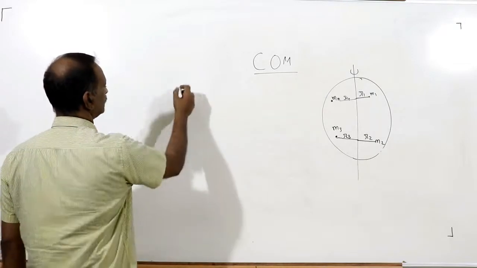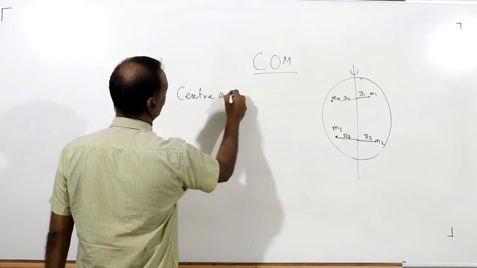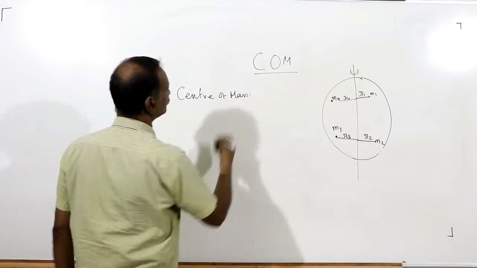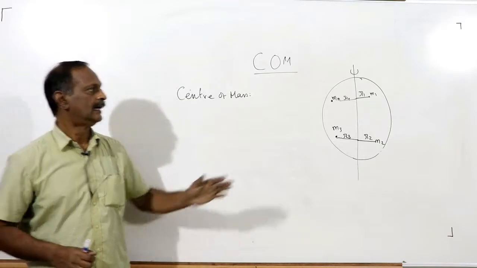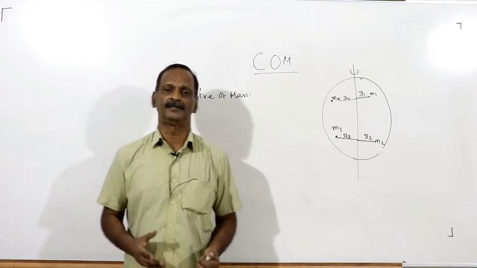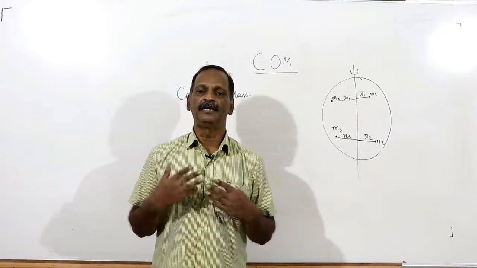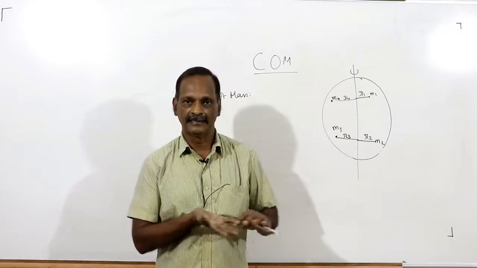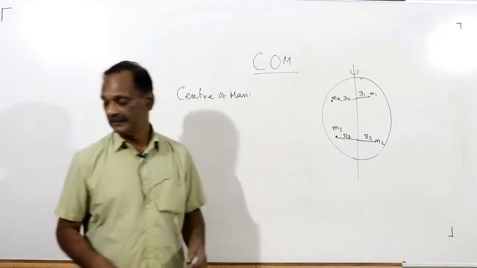So center of mass is a point about which all the n masses are supposed to concentrate, about which a body can rotate, accelerate or have velocity. Let's have an example.